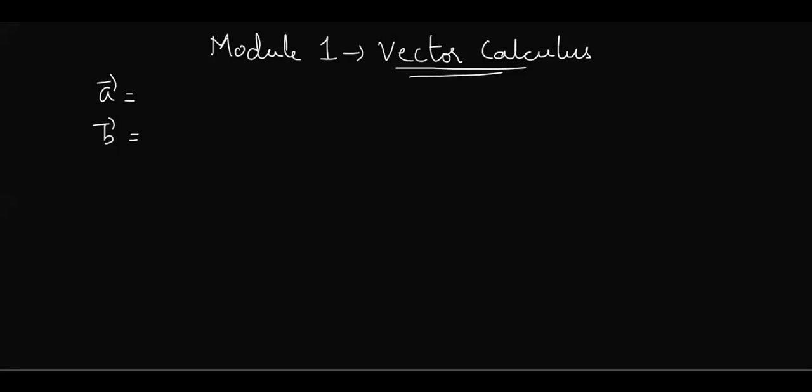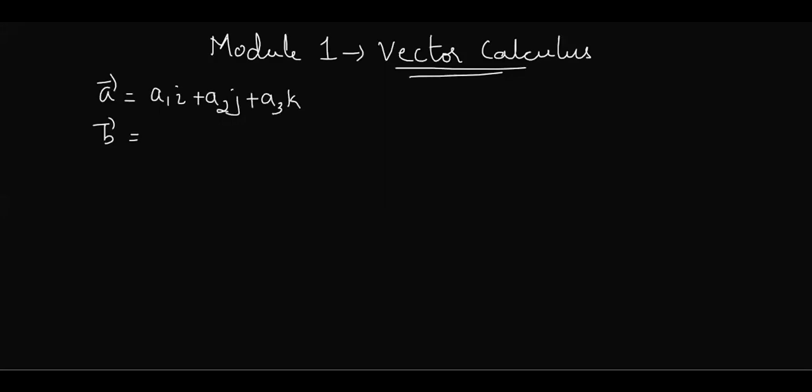Now, if I simply write some expression, how can you identify whether it is a vector or a scalar? What quantity will tell you that it is a vector? Suppose if I want to write vector A, the representation may be like A1 i plus A2 j plus A3 k, isn't it?